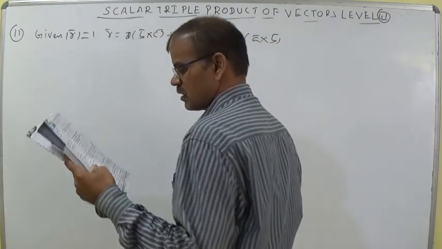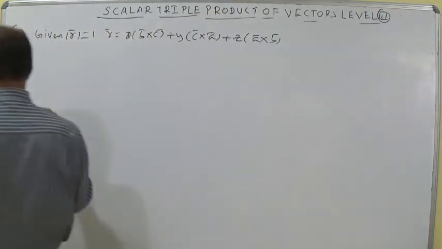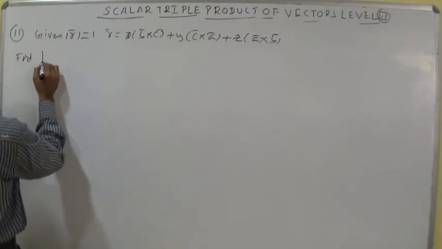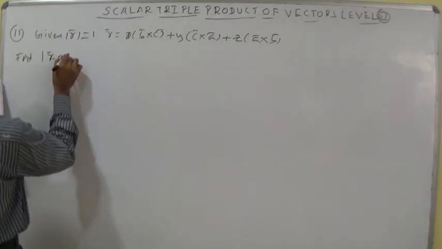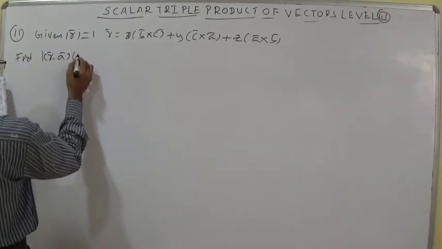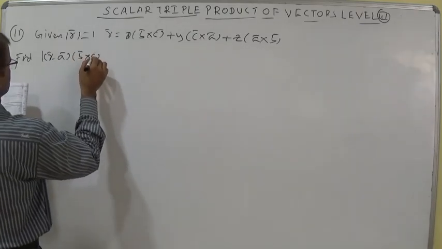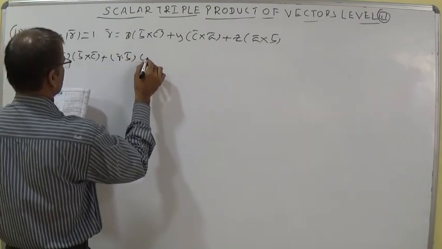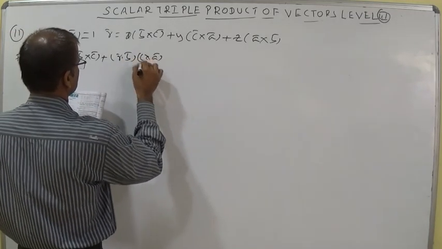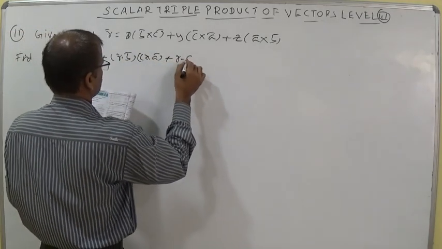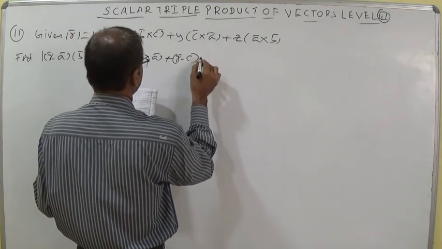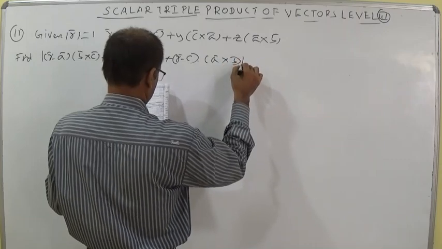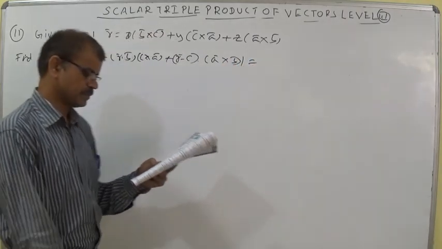Then find the value of modulus of R bar dot A bar into B cross C plus modulus of R bar dot B bar into C cross A plus R bar dot C bar into A cross B is equal to dash.